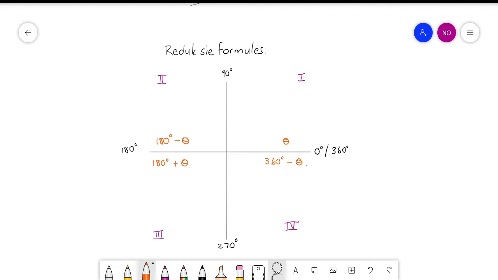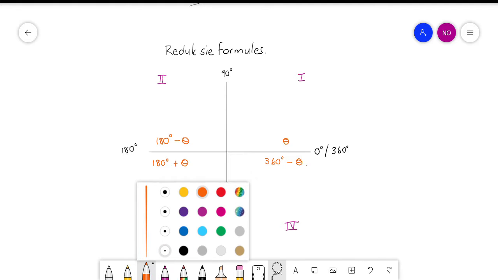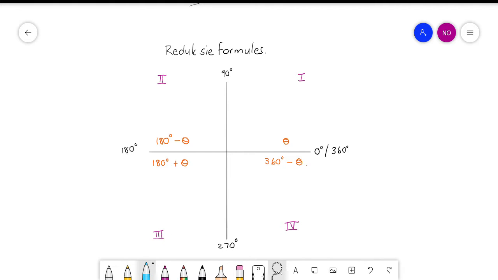Okay. Good. And I'm just going to fill in this, but this is a new news. The quadrants where we have positive and negative values.